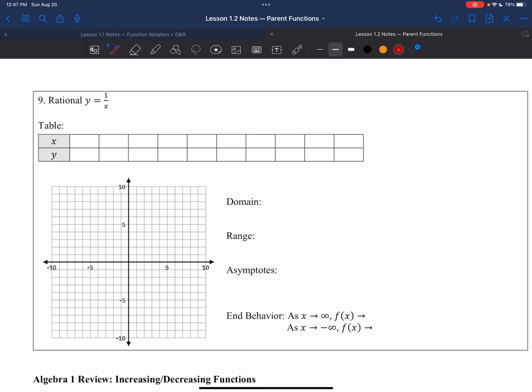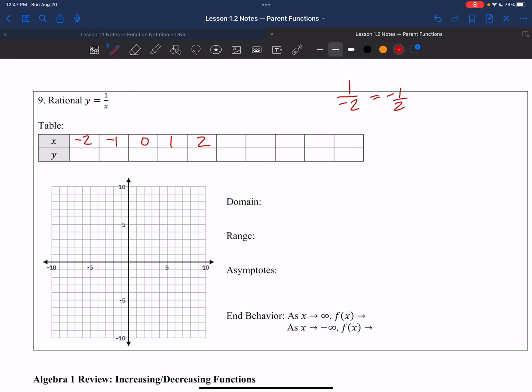Rational. And the rational function is 1 over x. And this is one of the trickiest functions that we're going to talk about all year. I saved it for last. It's actually not too bad to graph. -2, -1, 0, 1, 2. Now observe those, okay? 1 over -2 is just -1/2.